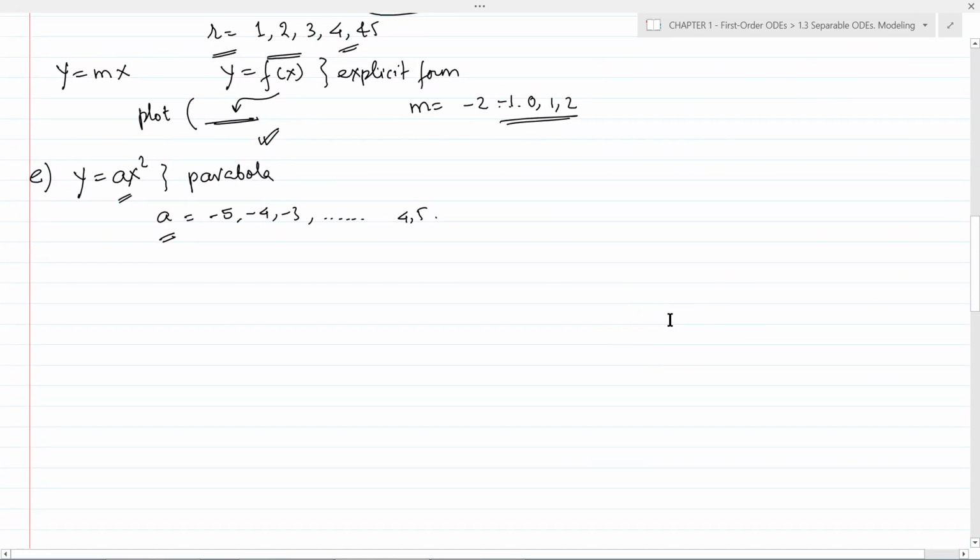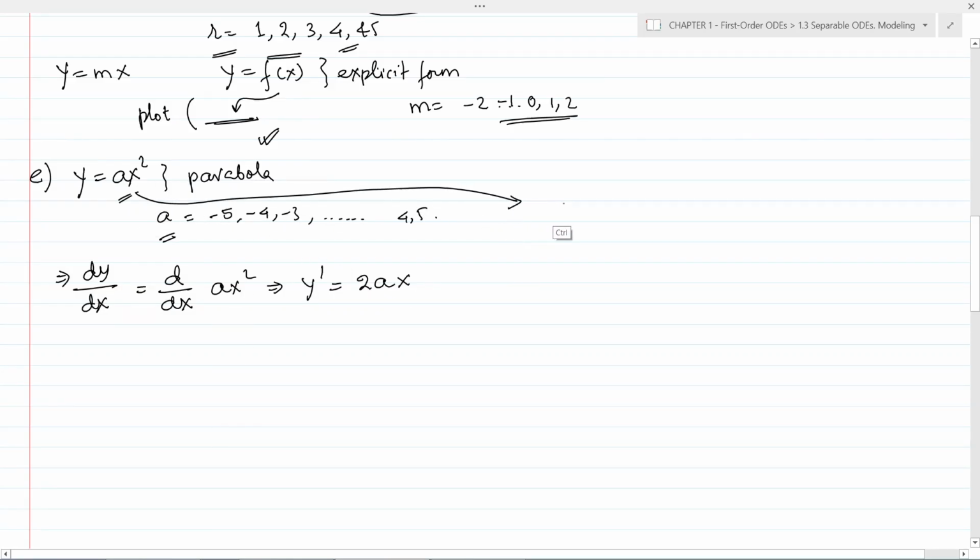So for this function we can write dy by dx equal to d by dx of ax square, which implies y dash equal to 2ax. Now the value of a we can bring from here and we write a equal to y by x square.